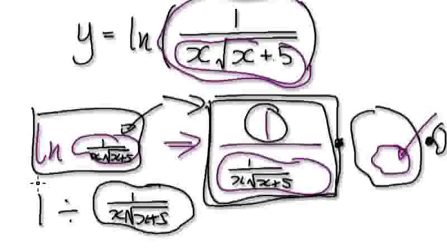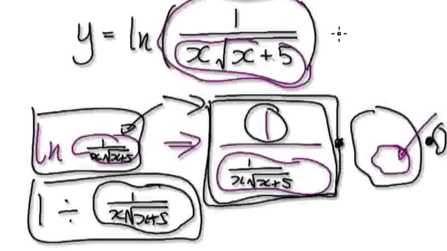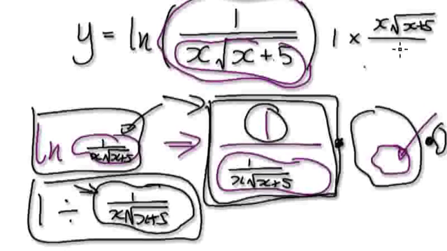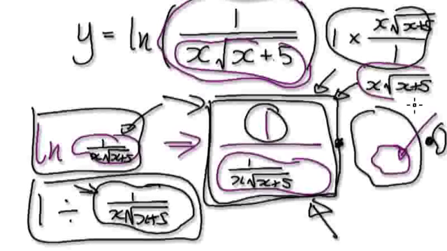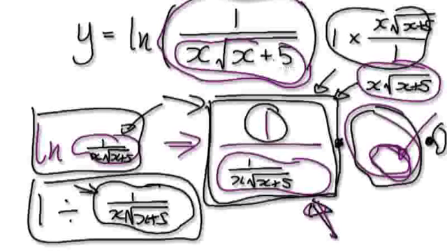So when you tidy this up, you would have to do 1 times the reciprocal of this, which is x root x plus 5 over 1. So this block here really simplifies to x root x plus 5. And then you've got to times with the derivative of the inner bubble.